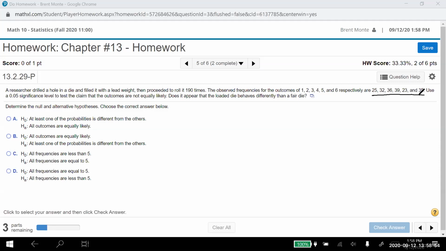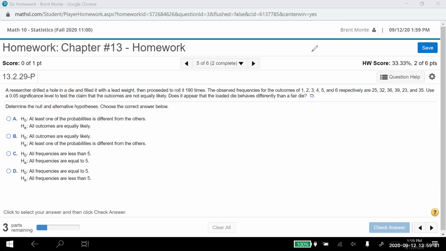And no more than 20%, well, 20% would be 1 out of 5. So we can't have more than 1 of these be less than 5. They're all greater than 5, so we're okay again. So if we think back to the greater than or equal to 5 that we had before, it's still that, although 1 out of every 5 could be less than 5 as long as it's at least 1. But we're okay here. So that checked those really quickly and really well.